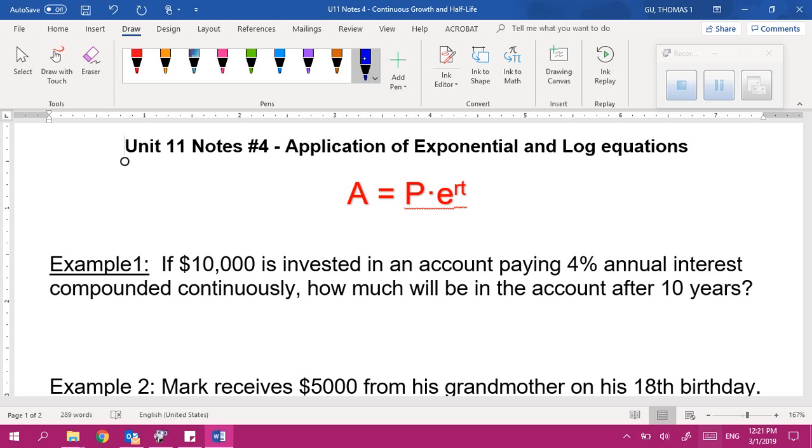So this big A, does anybody remember what it means? Not the base. That is the final amount. So if that's the final amount, what does P mean? The principal, or the starting amount. Very good.